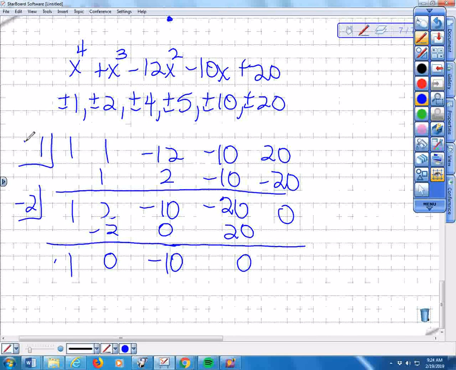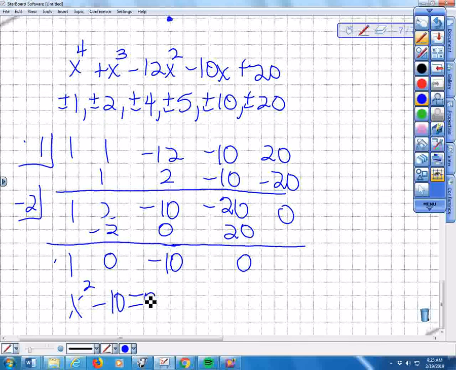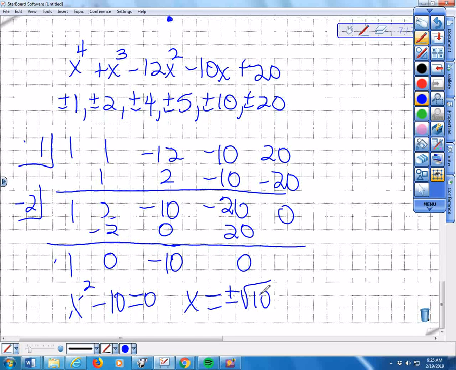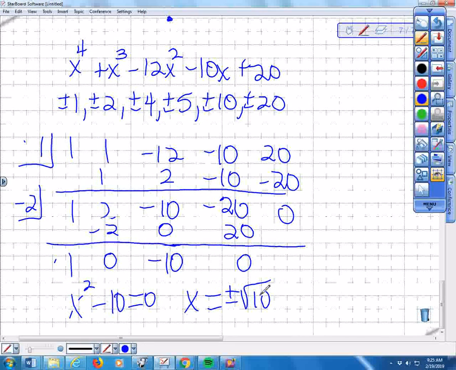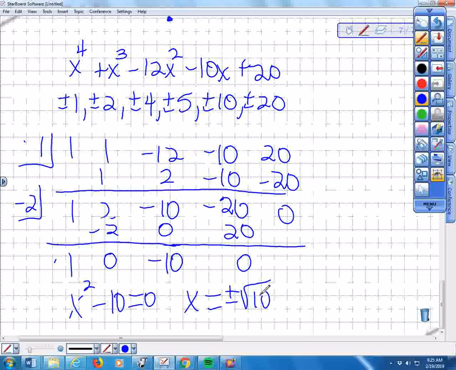Then I have x squared minus 10 equals 0, right? So x is equal to plus or minus the square root of 10. So I have 4 real solutions, which is nice. 2 of them are irrational, 2 of them are rational, but that's okay.